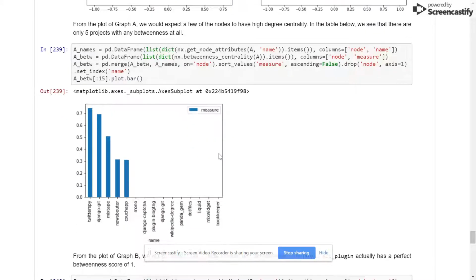So first, for the plot of graph A, we would expect a few nodes to have high betweenness centrality. I'll correct that. In the table below, we see that only 5 projects have any betweenness at all.